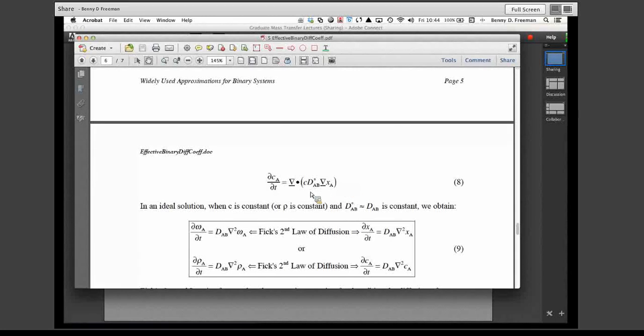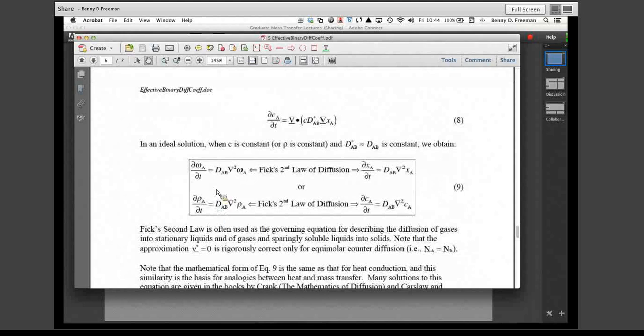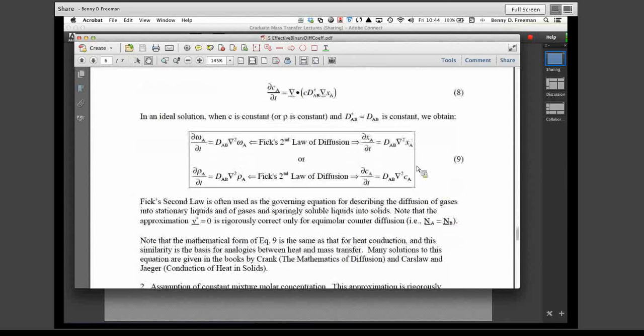If the molar concentration, or mass concentration in the case of mass units, is constant and the diffusion coefficients are approximately constant, we can bring the C into the derivative, bring the DAB out of the derivative, and you get the form of Fick's second law that we typically know. You can write that either on a constant mass concentration basis or on a mass fraction, mole fraction or molar concentration basis.